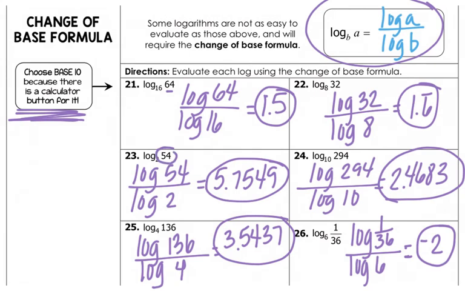Then divide by the log of your base, which is going to be your smaller number. So in this case, the 2, divide it out, and then equals, and write out whatever the calculator gives you. Remember, you may have to watch this more than once, but you've got this.